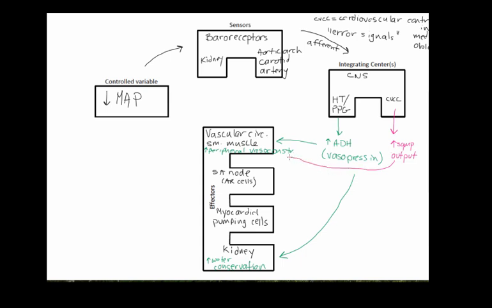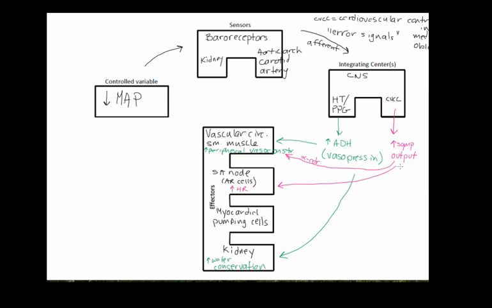So we're going to have vasoconstriction at alpha adrenergic receptors, and we know that we've got receptors on the SA node of the heart, so that when epinephrine or norepinephrine binds there, we get an increase in heart rate.